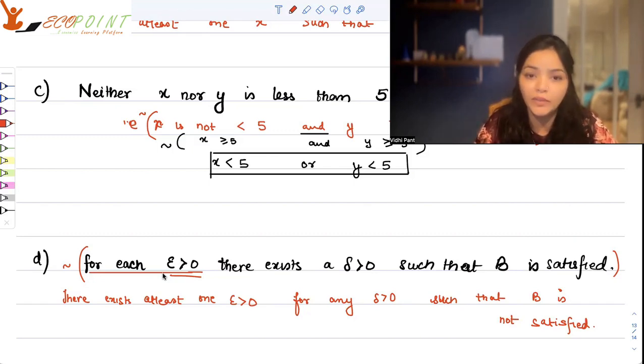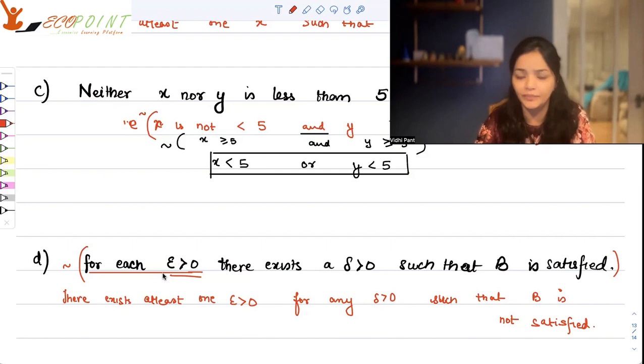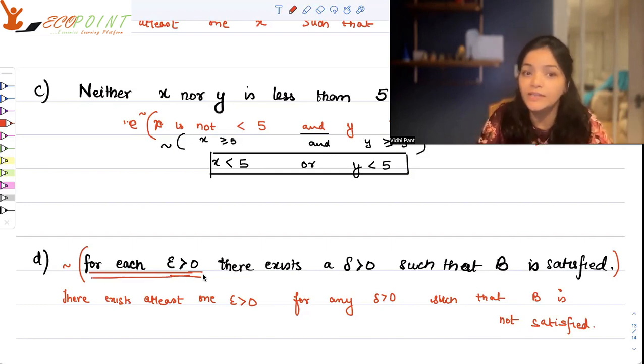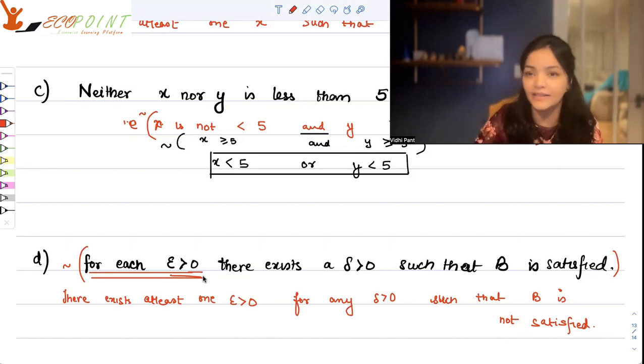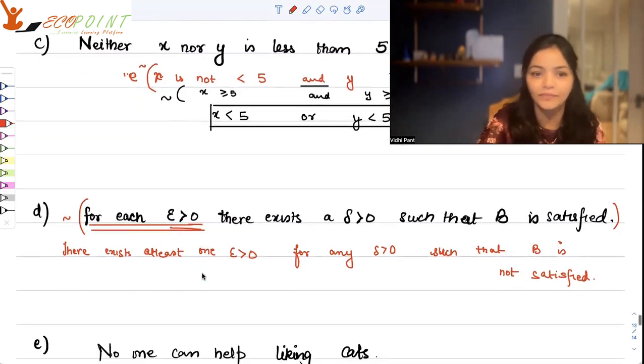The counter will be, okay, you give me any delta, I can find you an epsilon such that this is not happening. That's how you will give a counter. Because the statement was a universal truth for epsilon greater than 0, and we have to negate it for that. So you would say, give any delta, I can give you an epsilon such that this is not happening. And that's the correct negation to it.